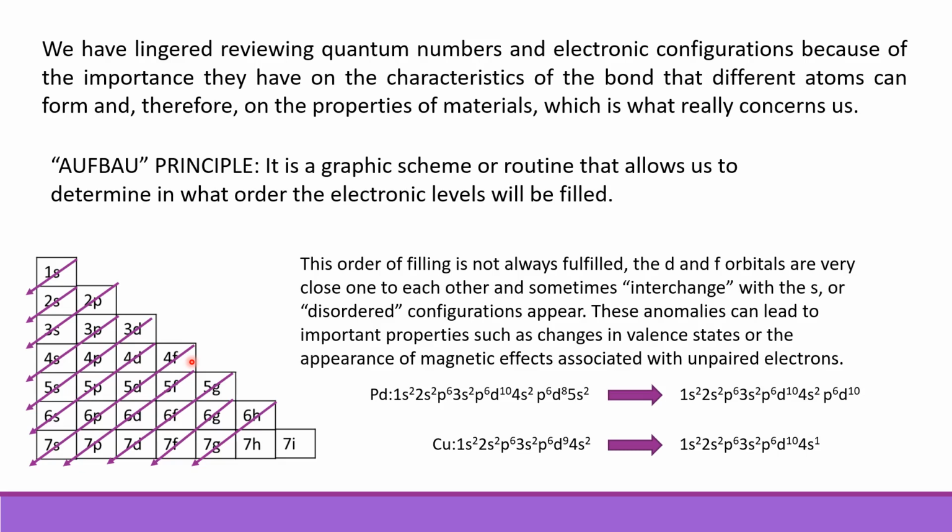We could think that this is irrelevant, but the idea is that these anomalies can lead to very important properties in the materials. Just to give a couple of examples, these could give rise to the existence of different valence states.